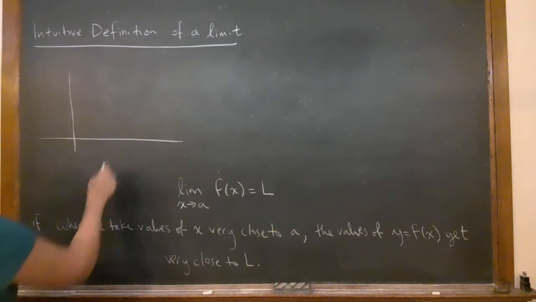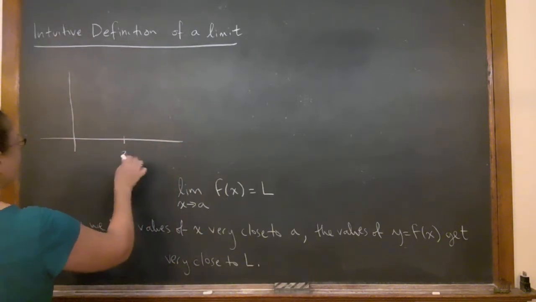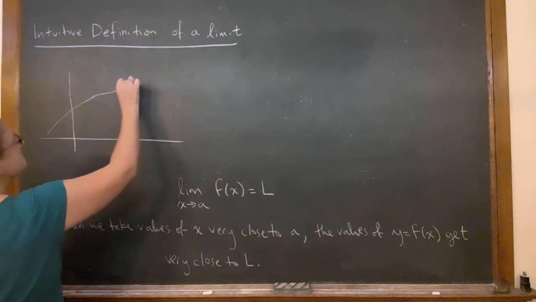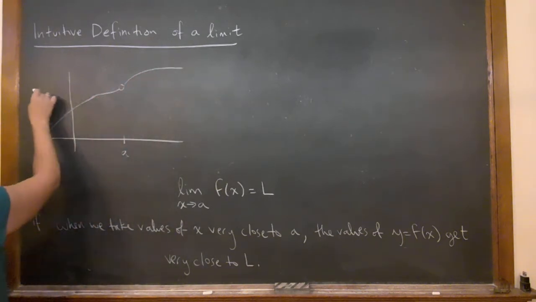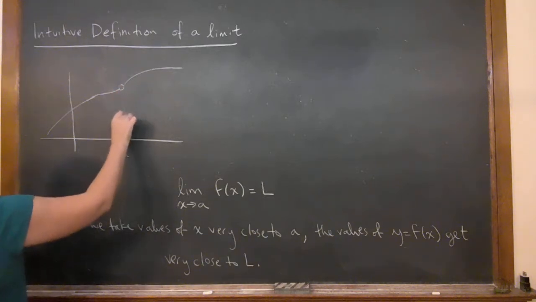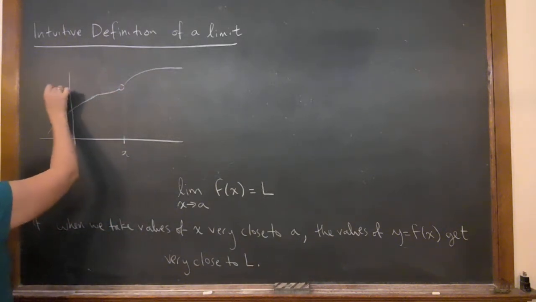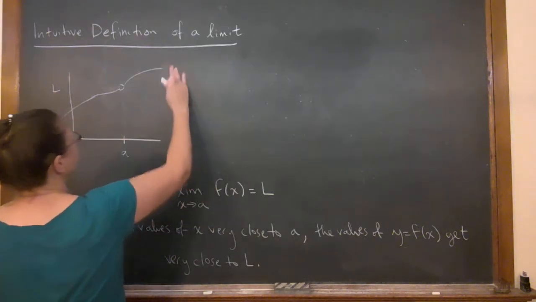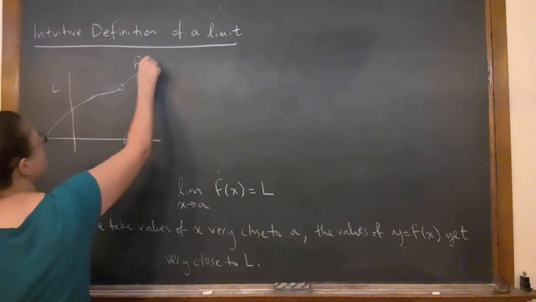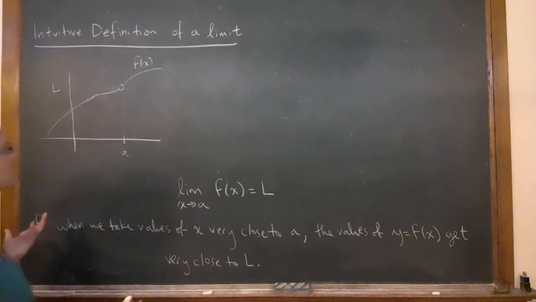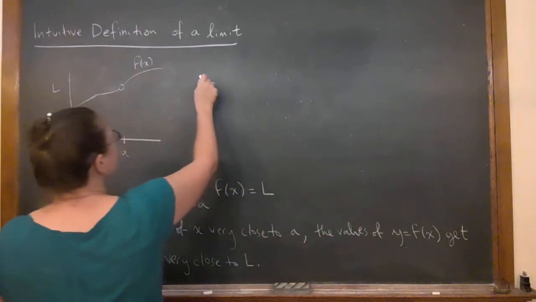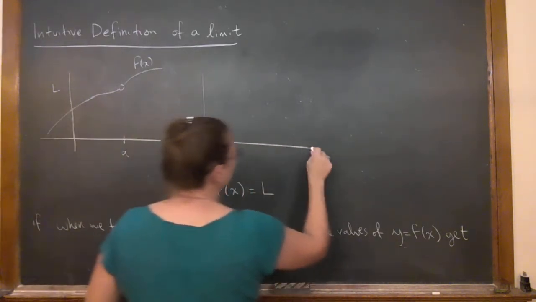Our first example, with something like this. So this was the value of a, and this was the value of L. In this example, there's an open circle, there's no closed circle, but you can see that the function basically wants to go through that point. It's just not there for some reason.